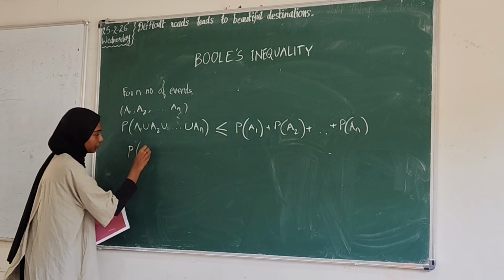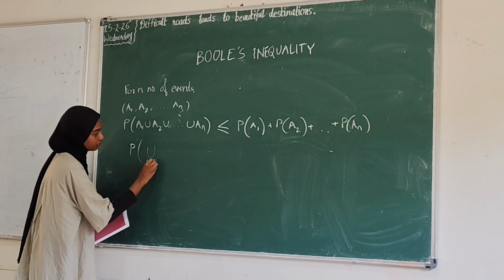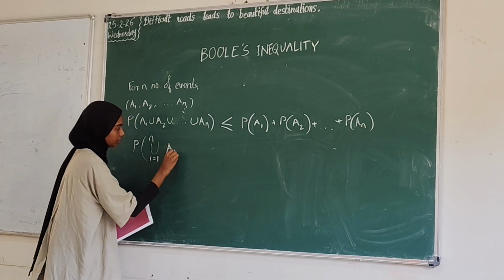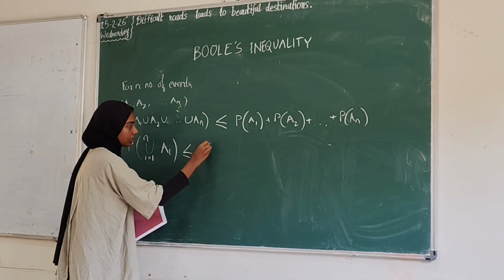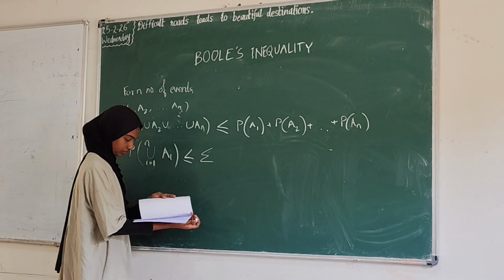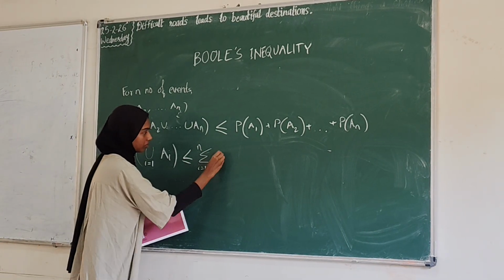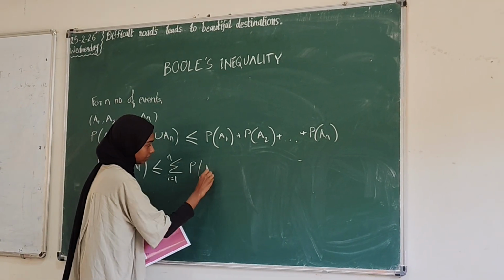If you are writing it in summation terms, you can write it as the probability of the union for i equal to 1 to n of Ai is less than or equal to the summation for i equal to 1 to n of P of Ai.